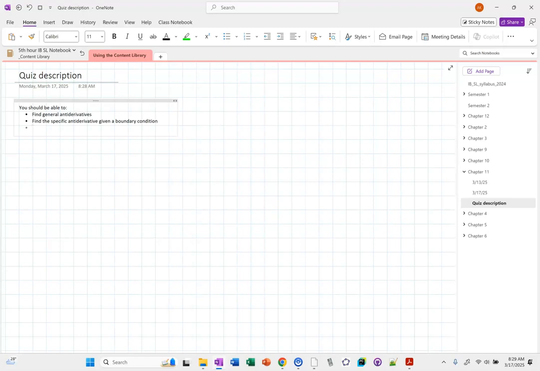That just gives you a point on the antiderivative that allows you to solve for a specific C. Okay, you should be able to evaluate definite integrals, really by hand and with a calculator.